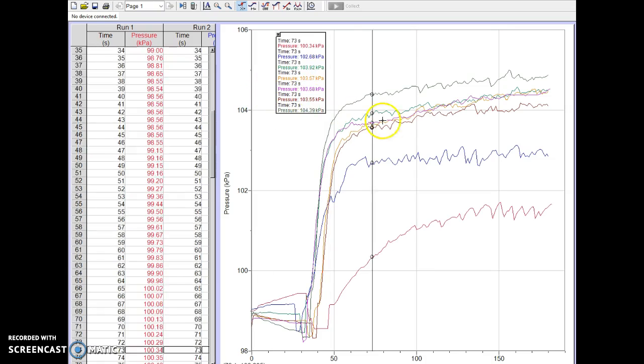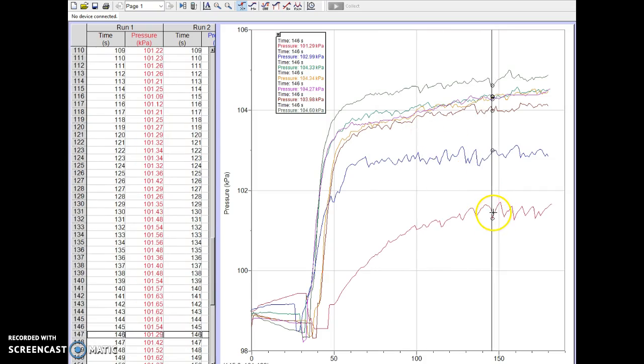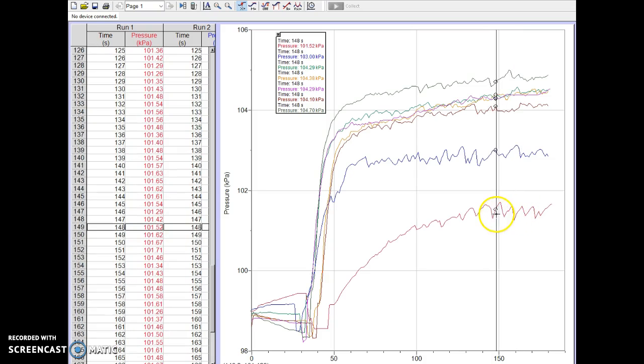And then you come over here, and I'm looking for this first line with 1 milliliter of acid added, and I can see that we're right around, let's look up here into the box, and the box says 101.54, so you can use that.